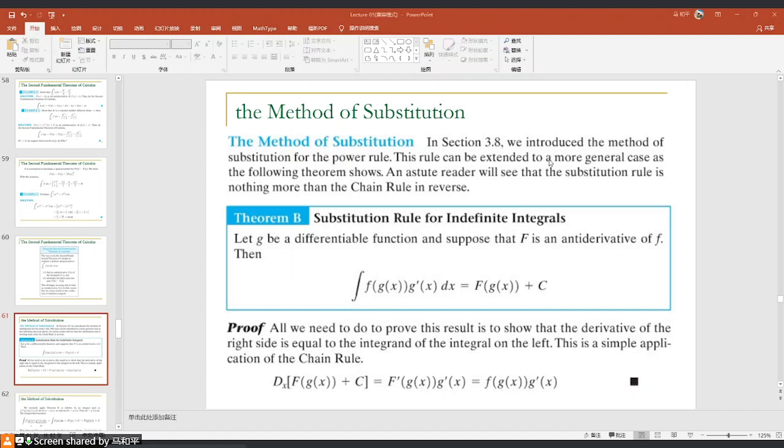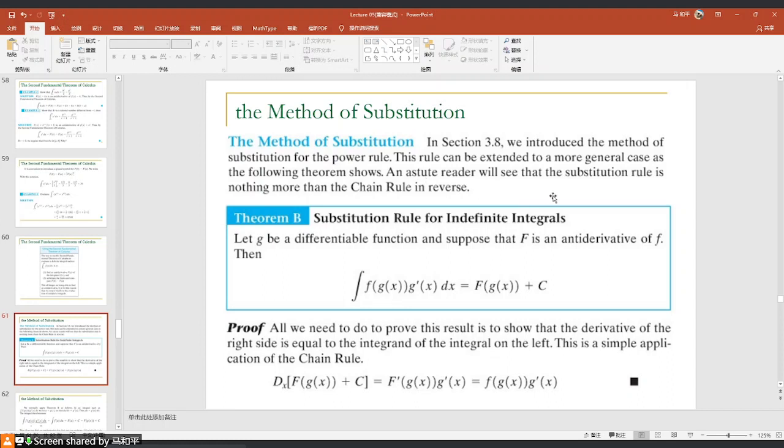This means in section 3.8, we introduced the method of substitution for the power law. This law can be extended to a more general case as the following theorem shows. I forgot how to pronounce this word. I don't know.